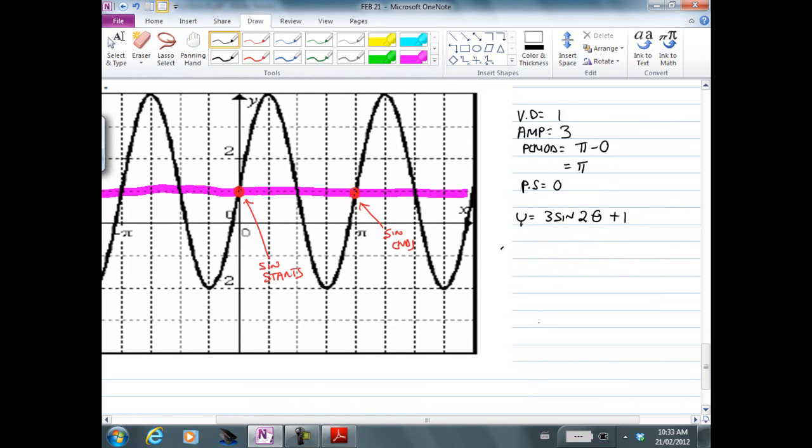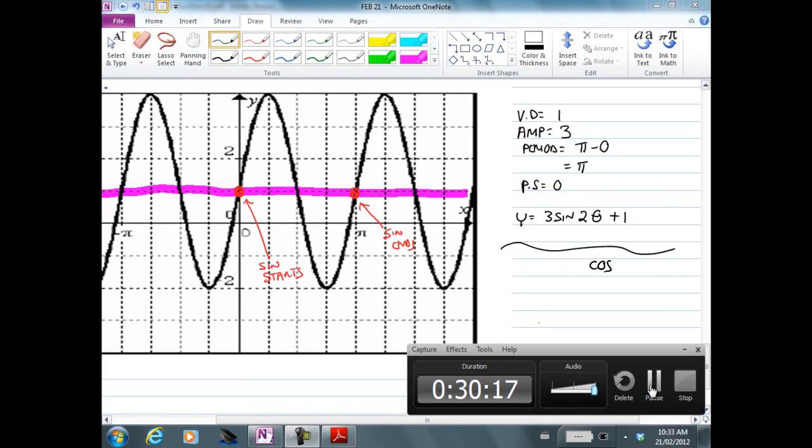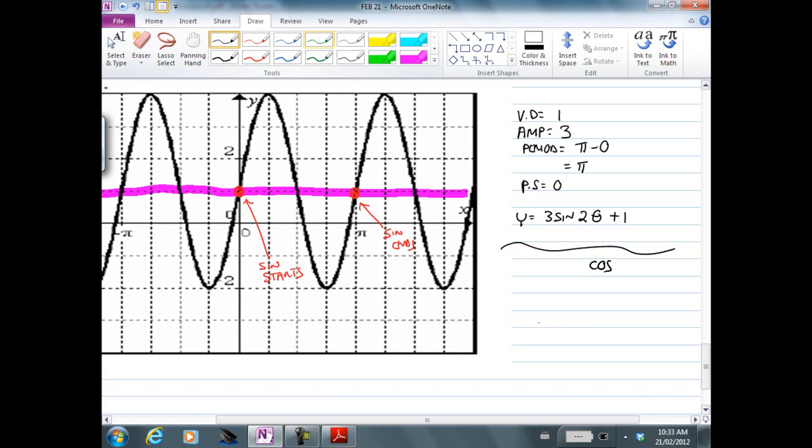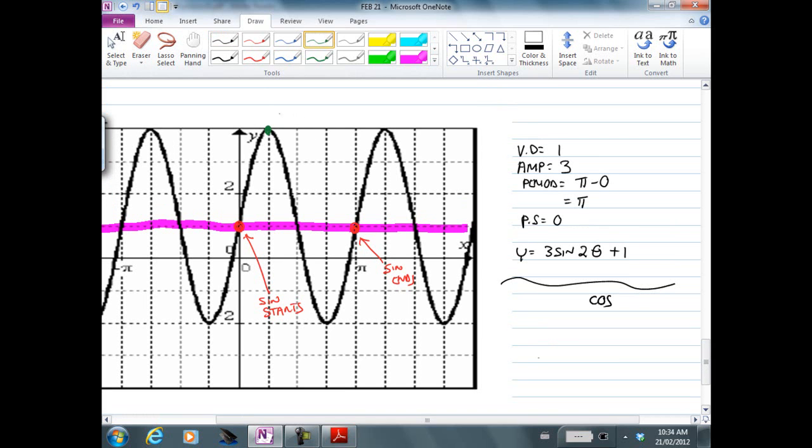Guys, gals, now I want you to create your cos equation. I'm going to pause it again, so I can put my cos graph right here. Up there. And I can say cos starts here. Cos starts right there. Cos ends right here. This is where my cos ends.